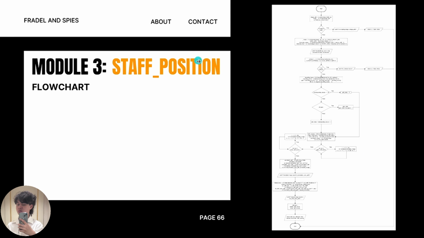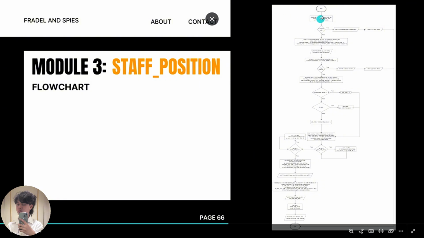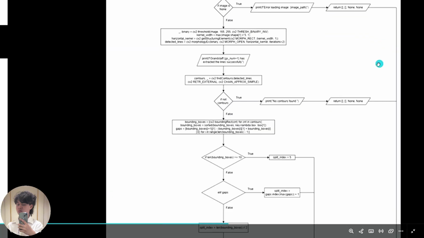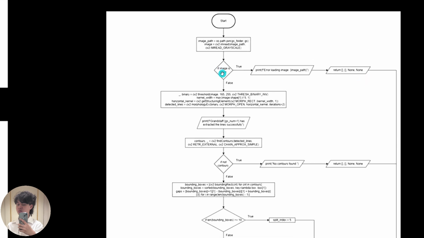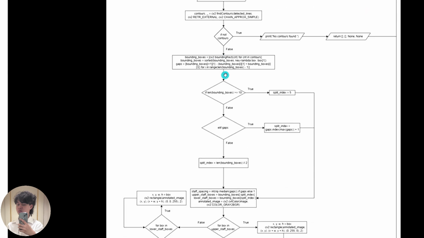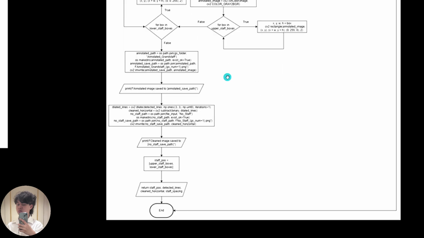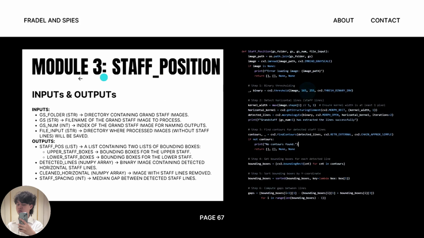Module 3, staff position. This is the flowchart, and this is the start. Input and output: JS folder is the directory containing the GAN staff images.